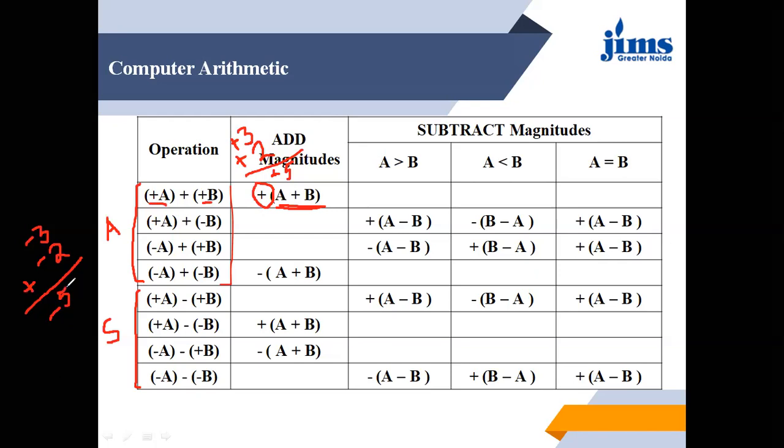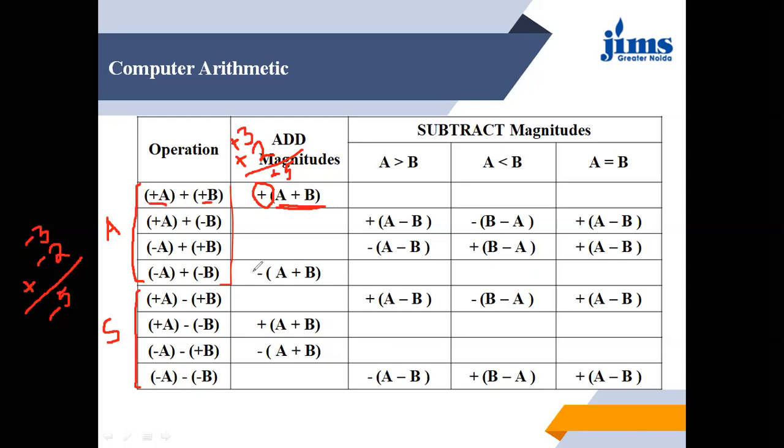First, I will explain all these things in decimal numbers. Then I will implement these from decimal to binary also, so that the concept is clear to you, because the other operations we have to perform are also based on addition and subtraction.